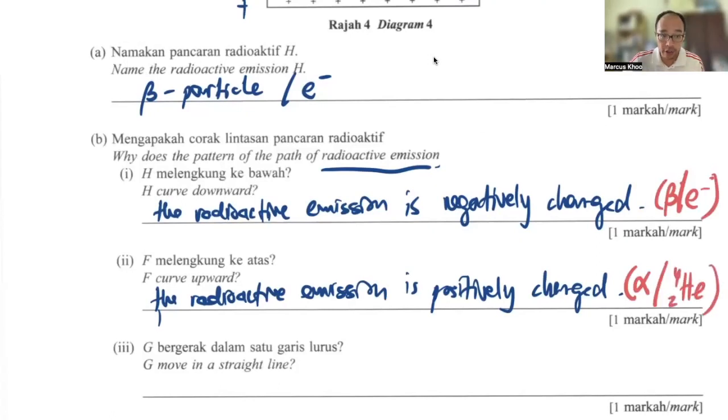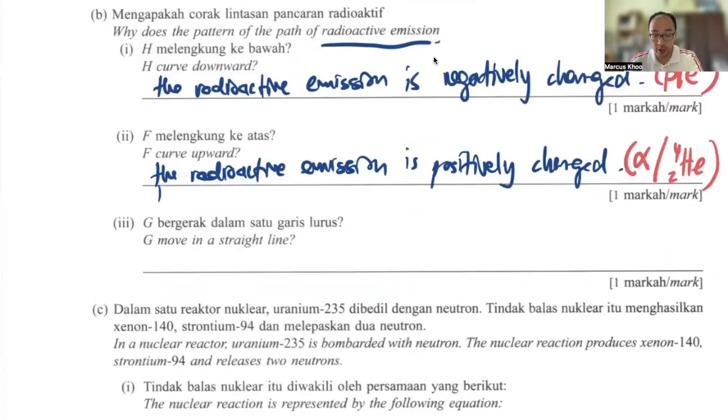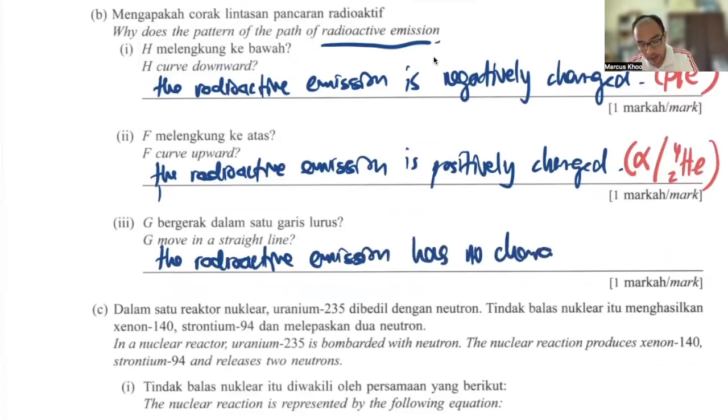Just for our revision. So G moves in a straight line. Why? Because the radioactive emission has no charge. That's how we will answer this question.